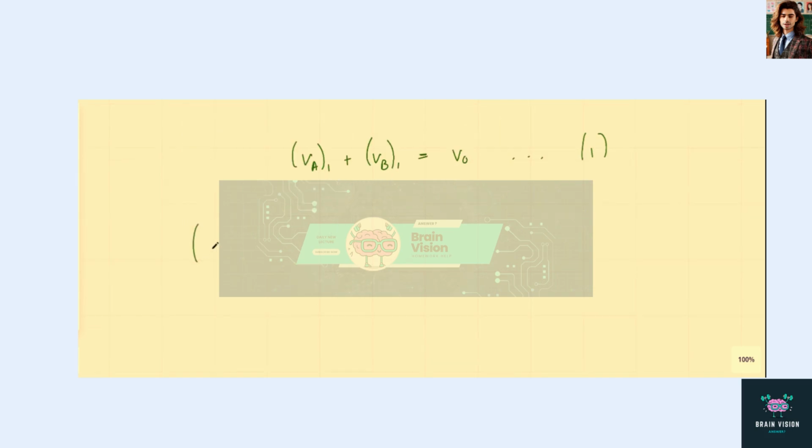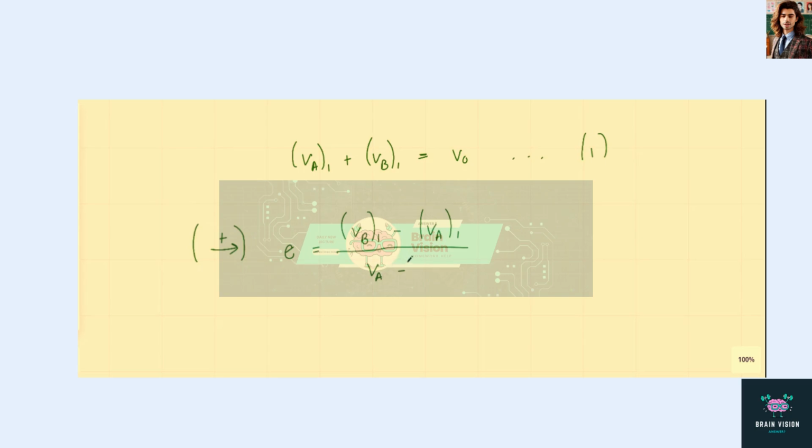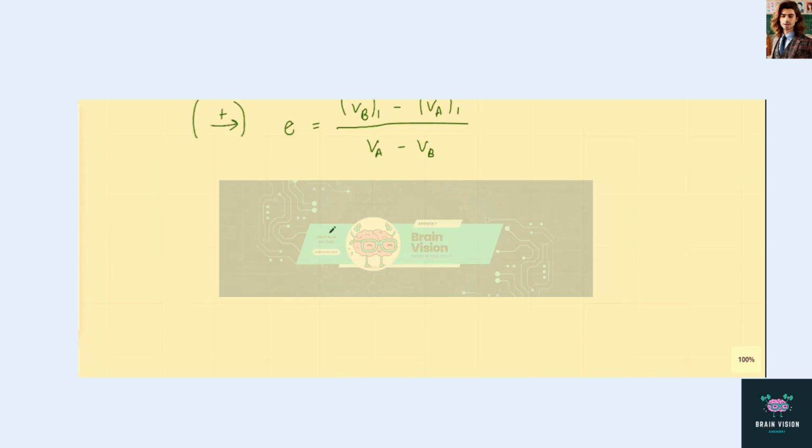Now, if we choose again the right direction as positive and now use the definition for the coefficient of restitution, E, remember E is equal to VB1 minus VA1, that's the relationship between the velocities after the impact, over V0 minus, we'll write down the relationship first, that's VA minus VB, the initial velocities.